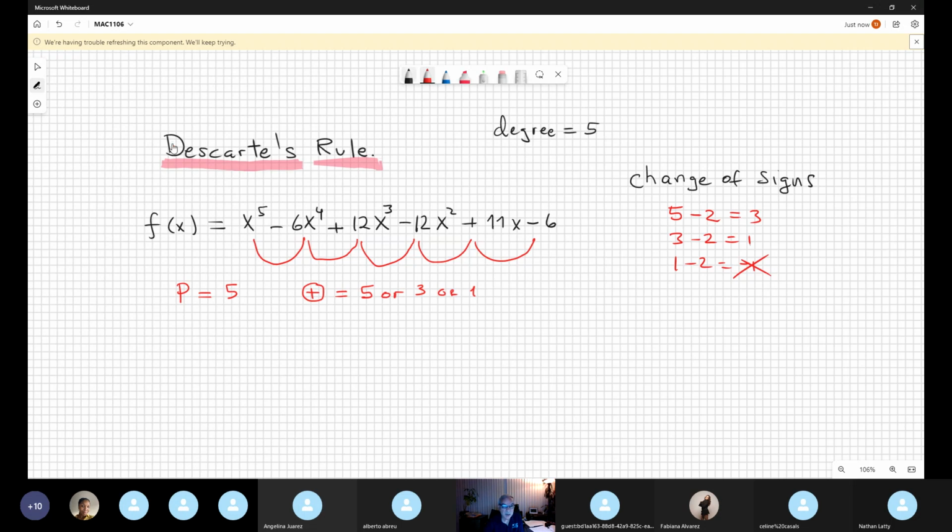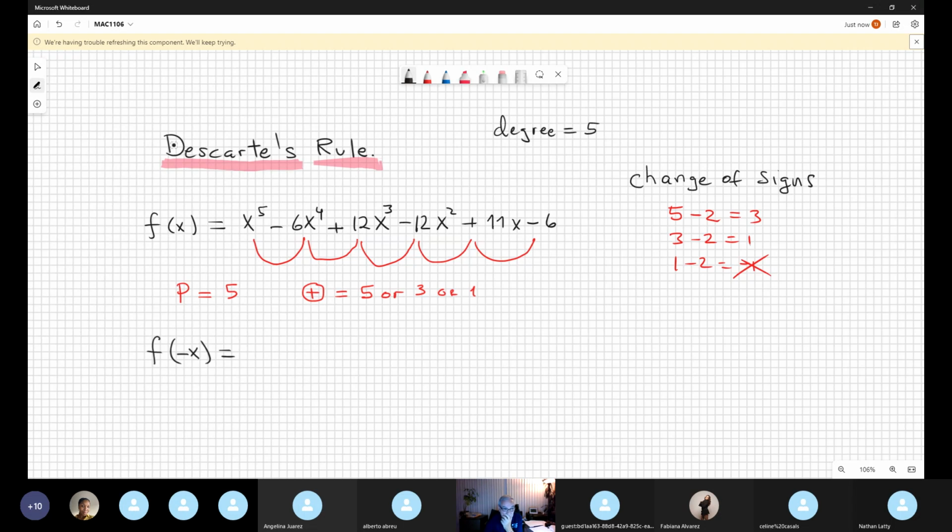Now, what about the negative zeros? Well, I need to make a reflection. What does it mean to make a reflection? It means replacing x with negative x. Now it's easy, because when you change x to negative x, the even exponents stay the same.